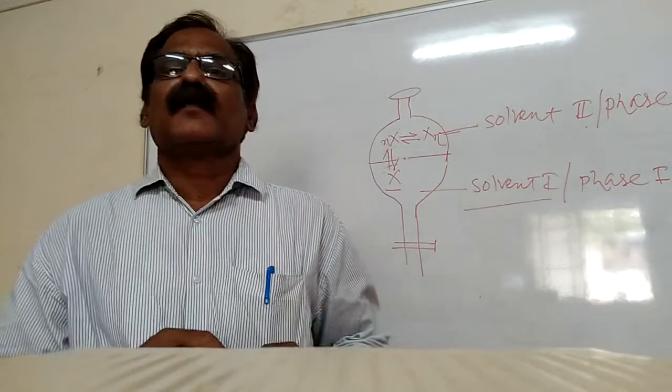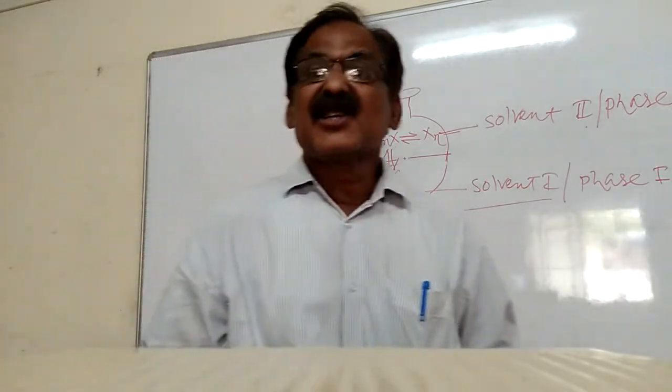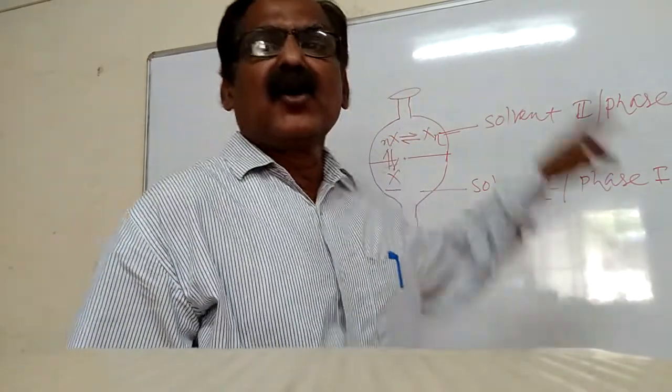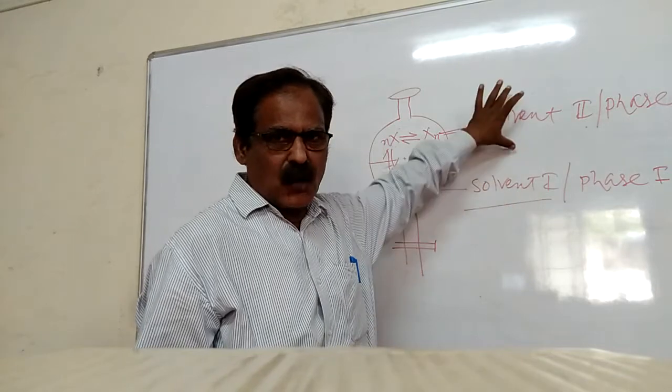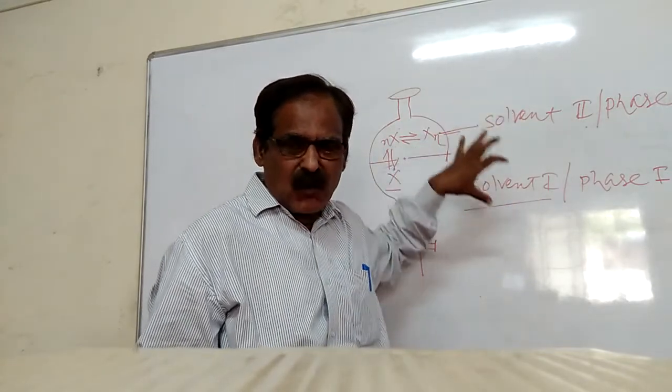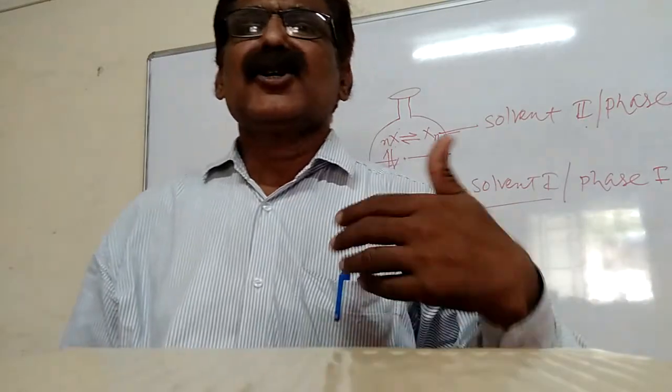Hope you have understood how solute X distributes between two immiscible solvents, solvent 1 and solvent 2. In solvent 1, solute X exists in normal state.